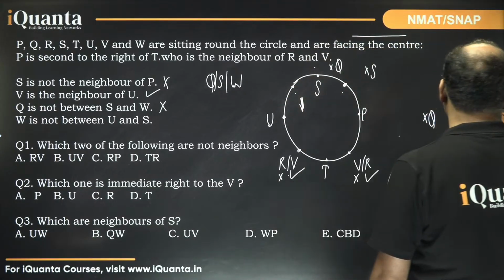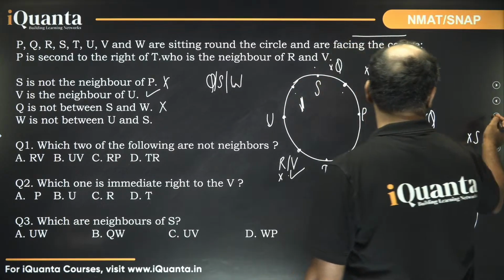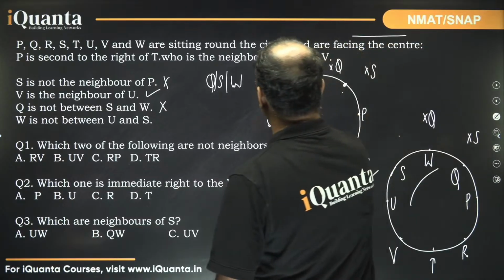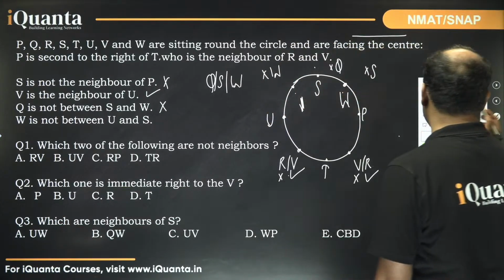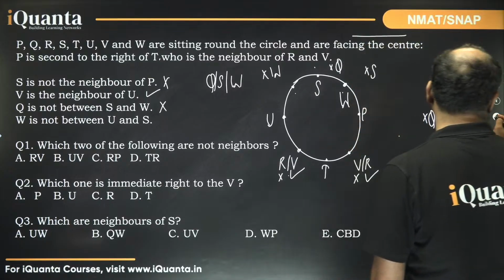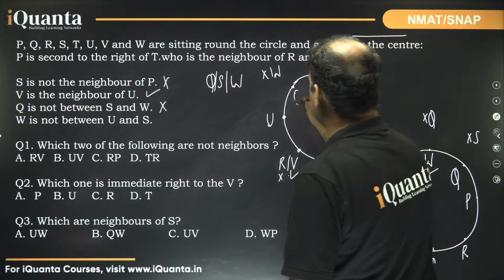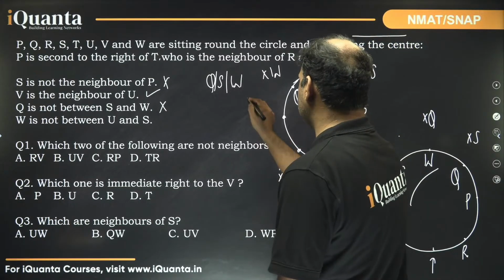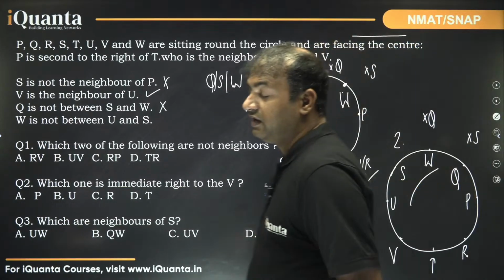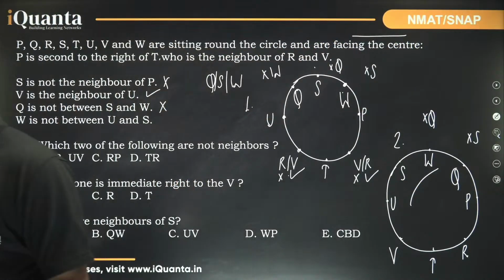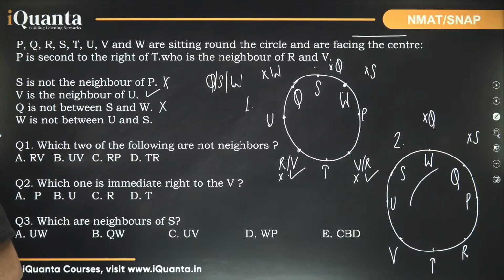So W should be obviously over here, and then this place must be with Q, right? So guys, you can see that 2 arrangements came out true here, right? This is also the correct arrangement, and this is also the correct arrangement. So again, we have got 2 arrangements correct, okay? Now, on that basis, we can try to solve the question finally, right? Because both the arrangements are actually correct.